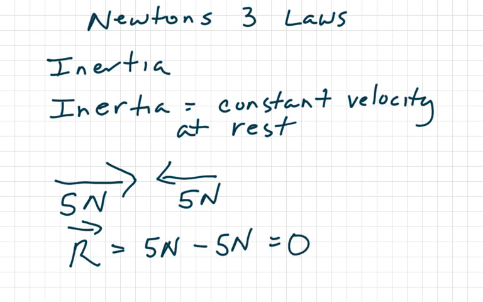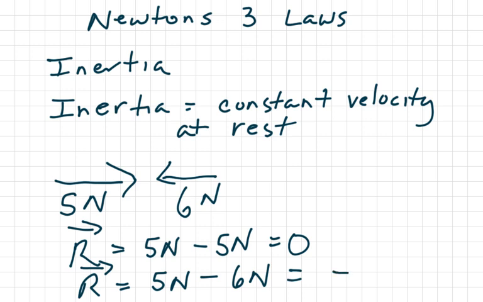However, if we change this to 6 newtons, we could see that R equals 5 newtons minus 6 newtons, and we have a net force of a negative newton. And what does it mean to be an external force? That means that if your car breaks down on the freeway, you cannot start it up by pushing on the dashboard. It must be external. It must be acting on the exterior of the object.